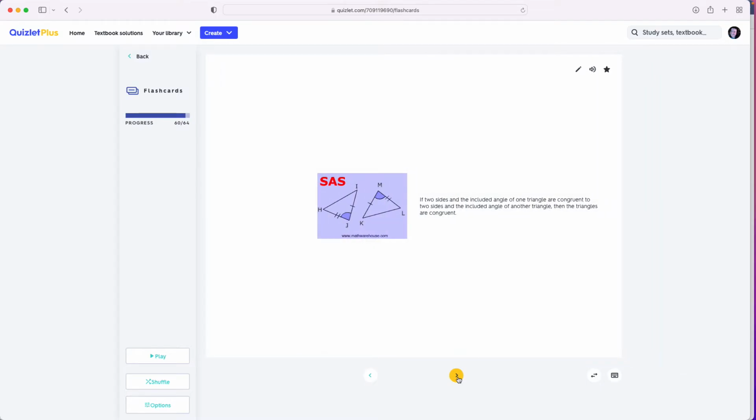If 2 sides and the included angle of one triangle are congruent to 2 sides and the included angle of another triangle, then both of those triangles are congruent, because based on the construction properties of a triangle, they have to be.